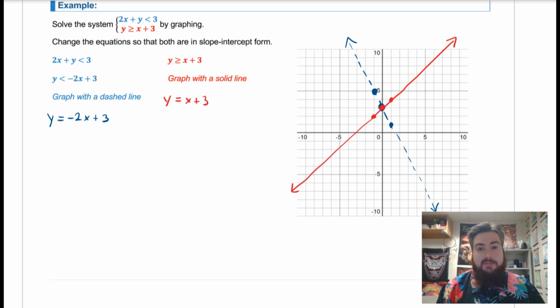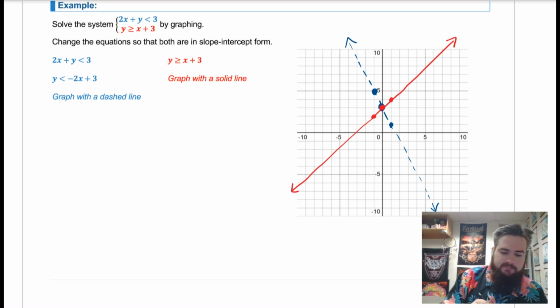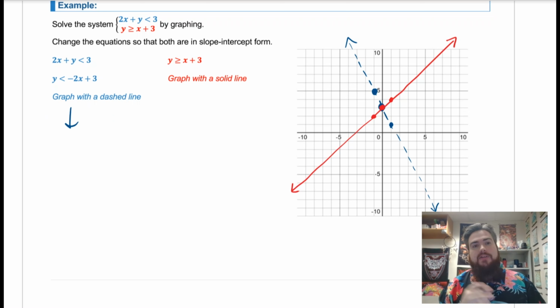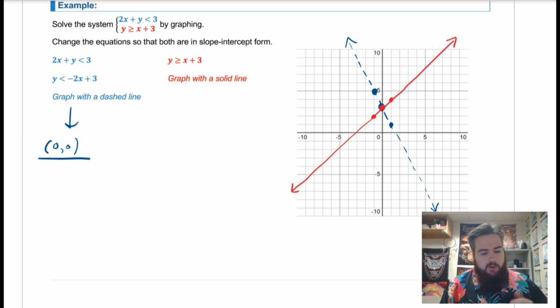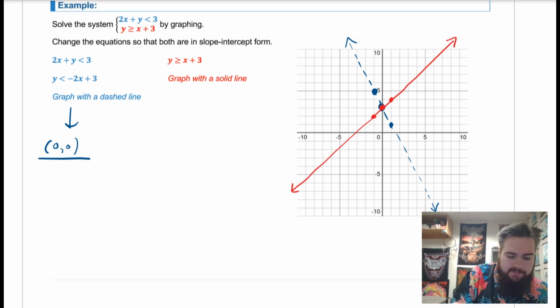Now we need to test points. We essentially need to see where they both overlap. Let's go ahead and look at the blue inequality here. With the blue inequality, we can test a point on either side of that and see where it works. I like to test (0, 0), so I'm going to test (0, 0) here. If I do, I will plug in 0 and 0 for x and y. I'll get 0 less than negative 2 times 0 plus 3.